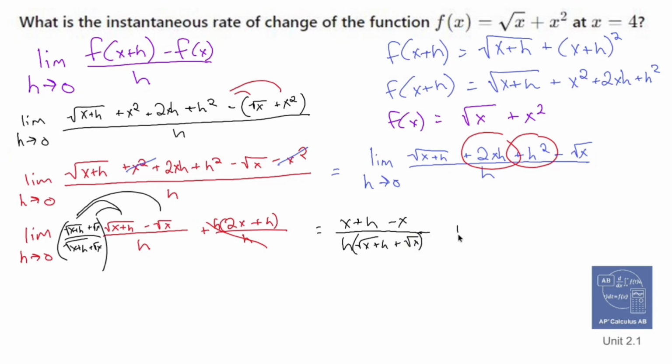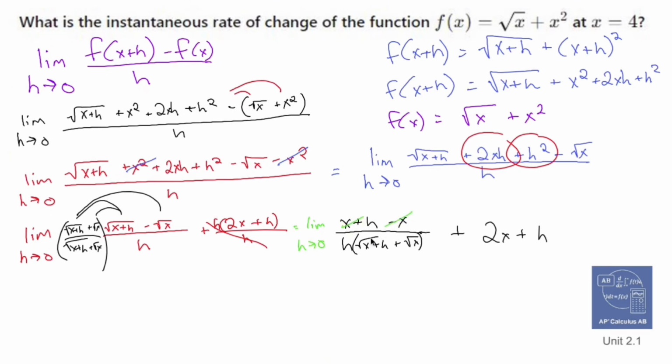And then this just becomes plus 2x plus h. Now all of this is still being taken with the limit as h approaches 0. Okay? So let me write that out, the limit as h approaches 0.